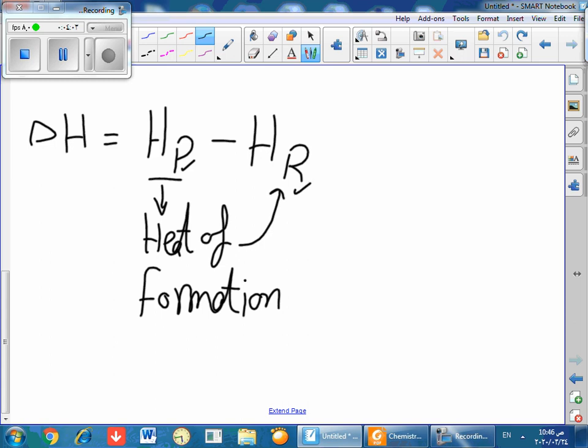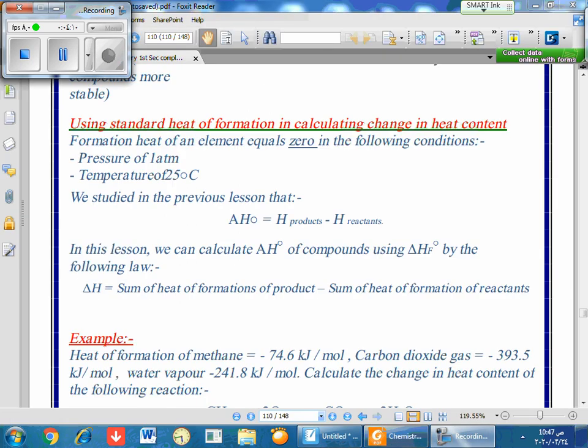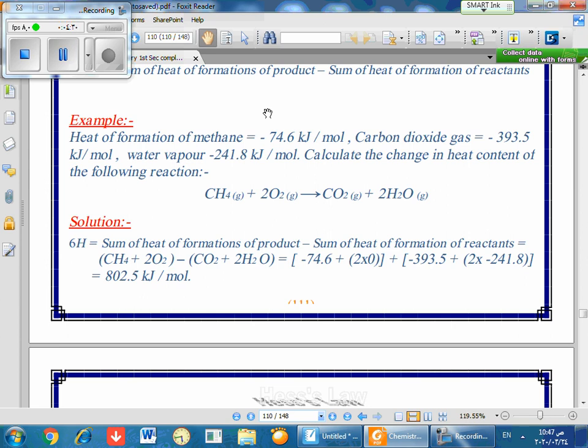Okay. For example, in the booklet, page number 110, using standard heat of formation in calculation of change of heat content for this chemical reaction. For example, heat of formation of methane equals negative 74.6.